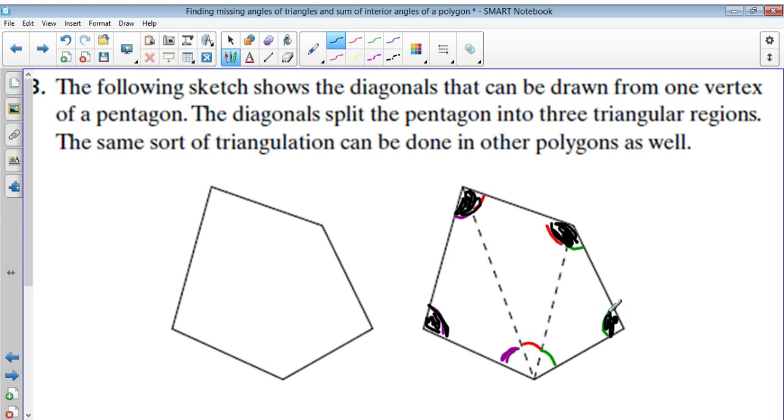This green line covers this angle of the pentagon. And then these three together cover this angle of the pentagon. So by separating it into triangles, we have established all of the angles of the pentagon and their degree measures. If this is a little confusing to you, we're going to explore this further and come up with some generalizations that we can make in looking at any pentagon or any polygon.